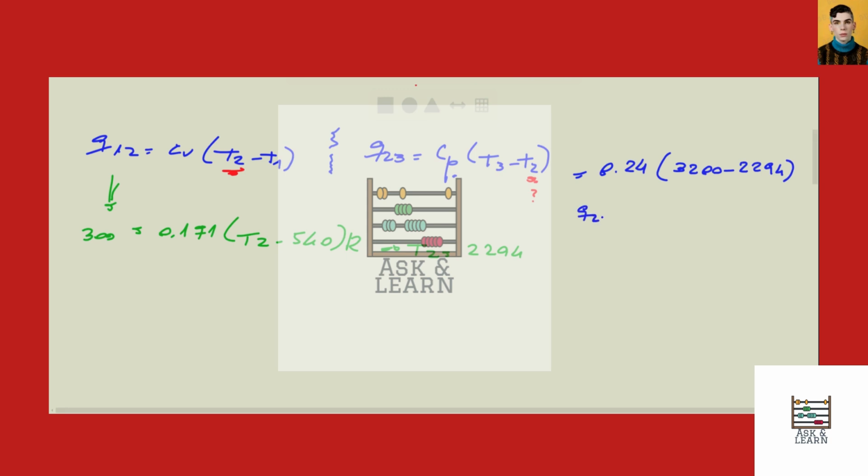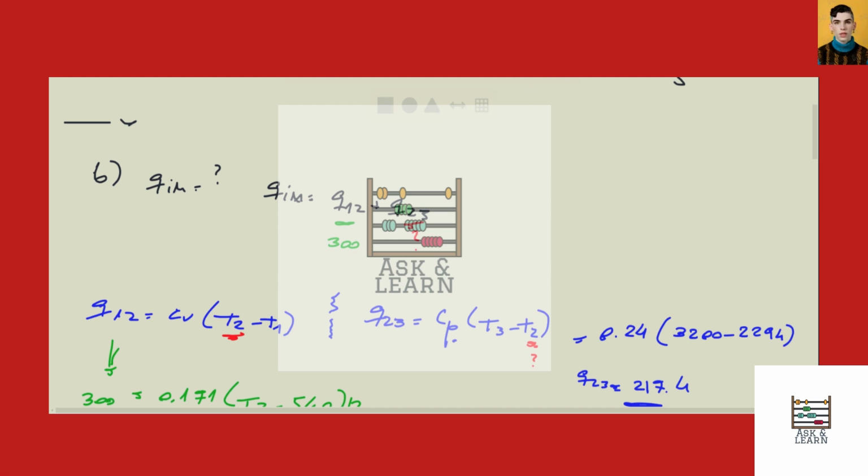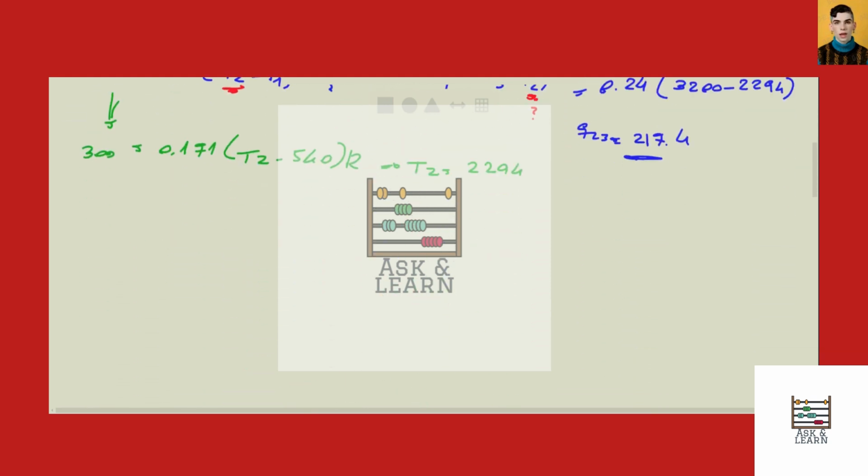Therefore, Q23 is just, let me see, 217.4. Now that we have the input heat, we can calculate the entire answer, and this is going to be precisely 517.4 BTU/lbm.